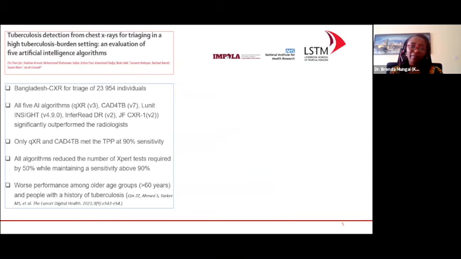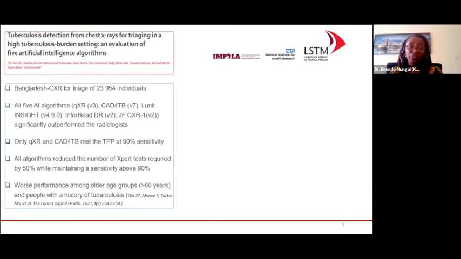As part of the background, there have been studies done on different AI algorithms, and really across the board they have been shown to significantly outperform the radiologists in picking out possible TB that then needs sputum confirmation.